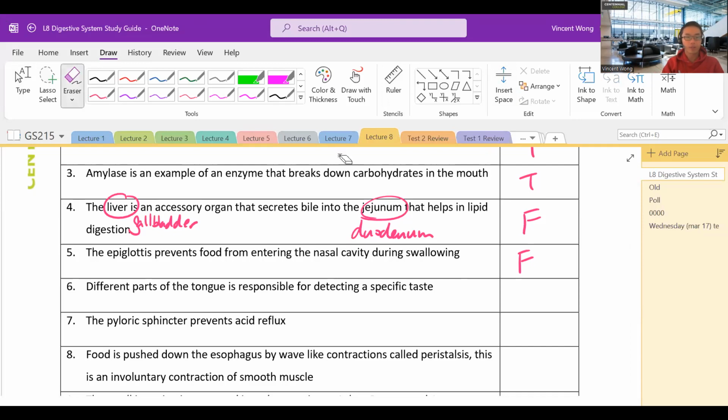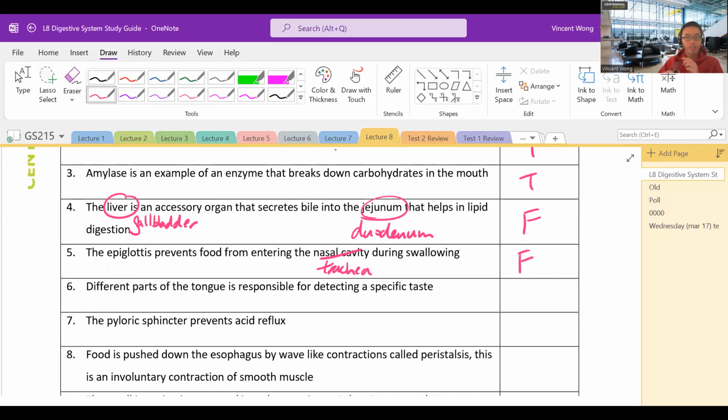Yeah, that's correct. So the epiglottis prevents food from entering the trachea. Alternatively, if you want to keep the nasal cavity, this would have to be the uvula, right? The uvula is the thing that dangles at the back of your throat that prevents the food from going up into the nasal cavity. But it's okay, we can stick with this correction.